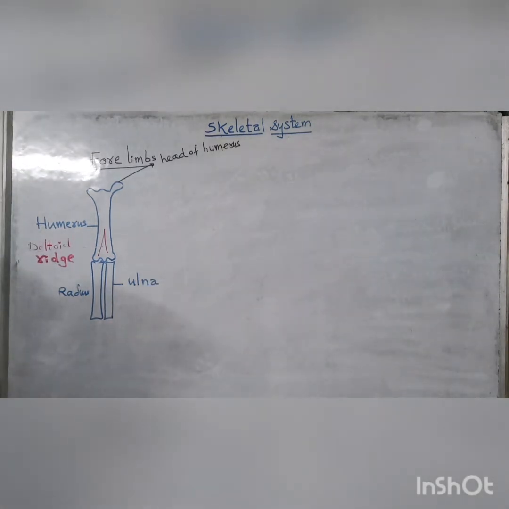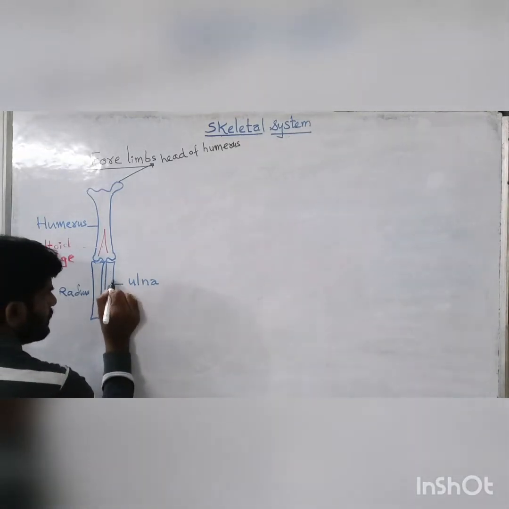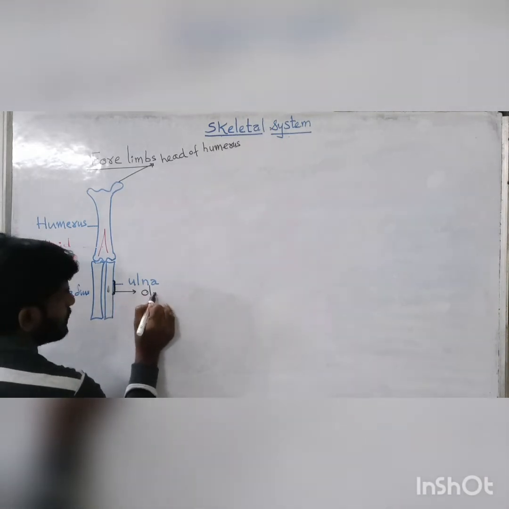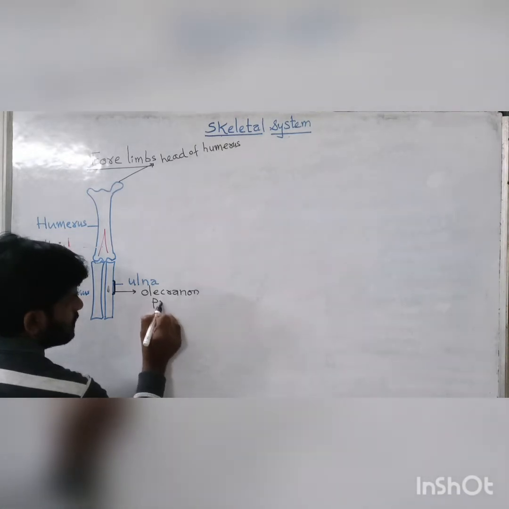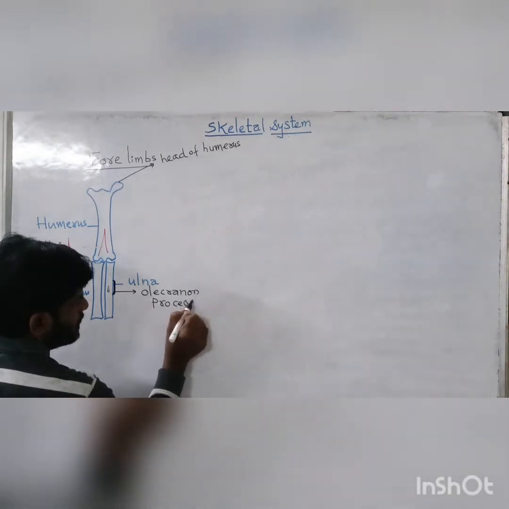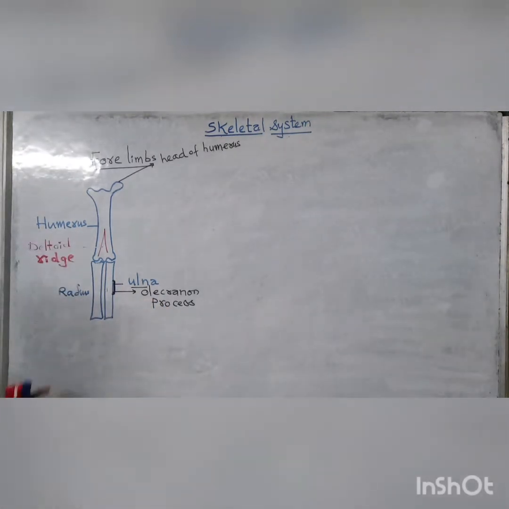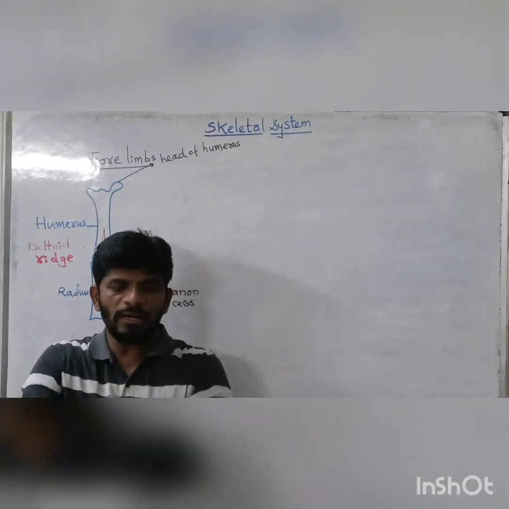Ulna has a process for the articulation of the muscle, and this is the olecranon process. Ulna contains the olecranon process. So this is the humerus, radius and ulna.